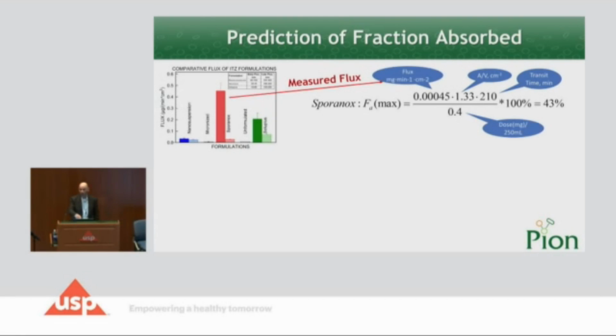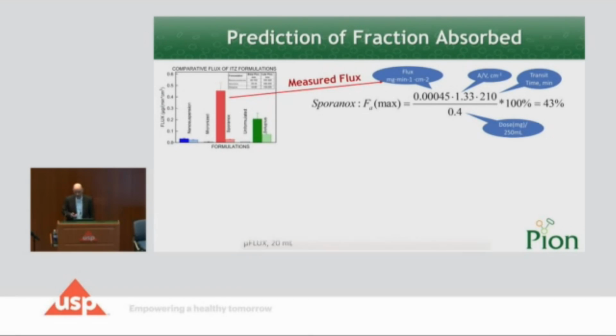Very easily we can plug all these values into the formula I showed previously: flux, area to volume, transit time, which is 3.5 hours. Again, this may or may not be a relevant time. Then it's divided by dose over the 250 milliliters. We get 43% absorbed for itraconazole, which, from a very simple, very intuitive calculation, is actually not a bad number.